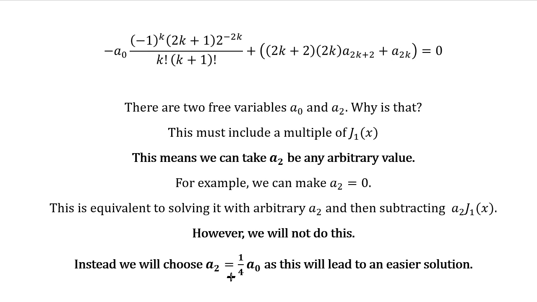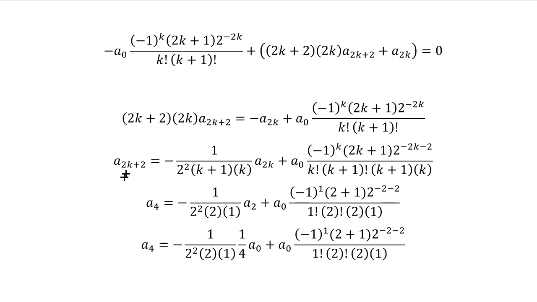I can't be sure, but it seems like that's what they did. Okay, so we take a2 to be 1/4 of a0, and what I do is I just now solve this recurrence relation for ak plus 2, and once you have it solved, then you start plugging in values like before.